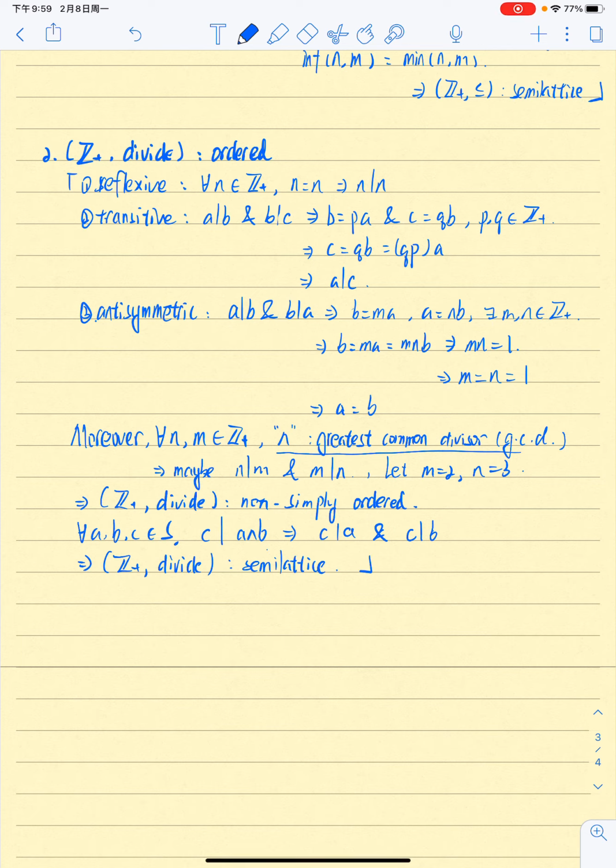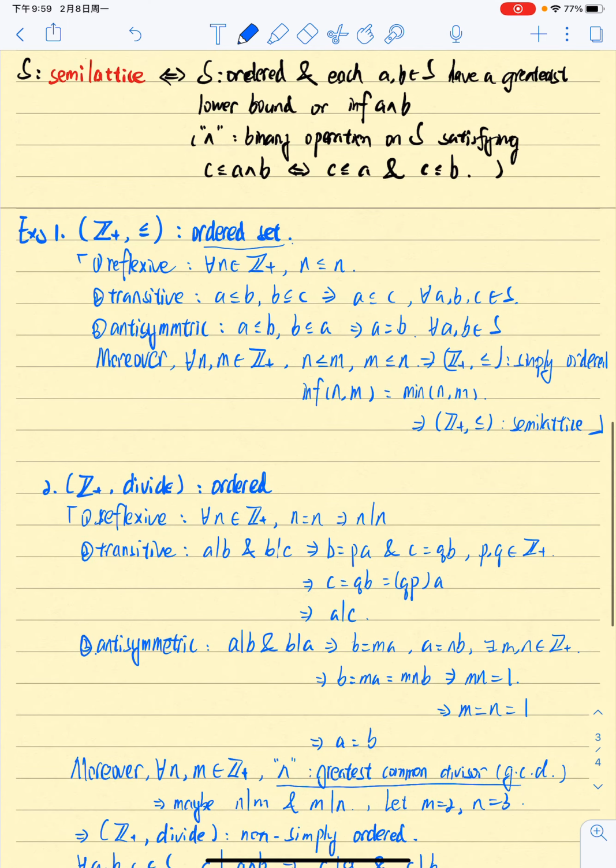So we get that this is a semi-lattice, and the first example is a semi-lattice and simply ordered.